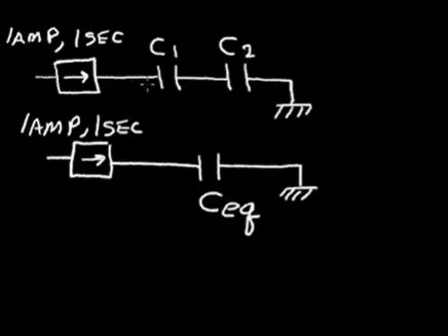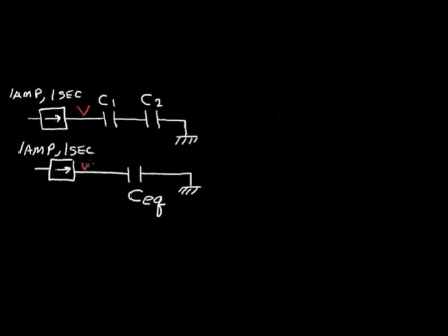Since they are equivalent, I will get a voltage V at this terminal and the same voltage V on the capacitor at the bottom. Now note that as I inject this 1 amp for 1 second, I get current flow into C1 and out of C1 into C2 and out of C2 into ground.